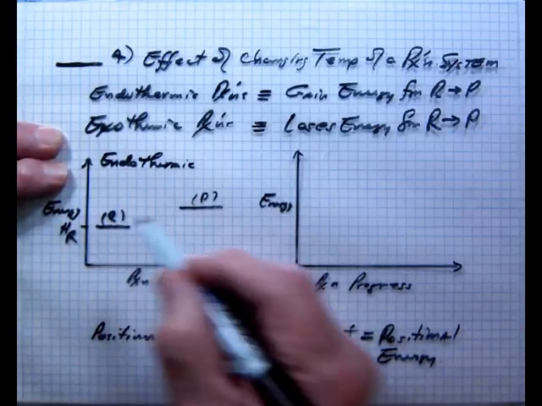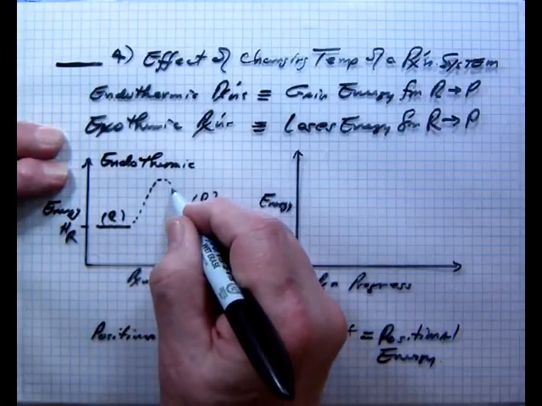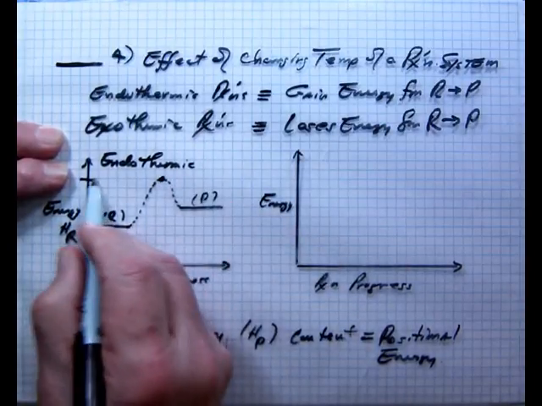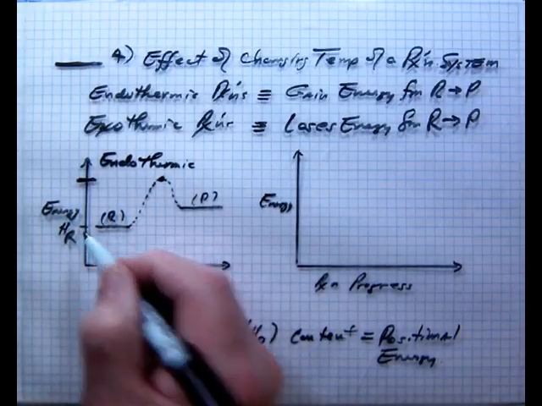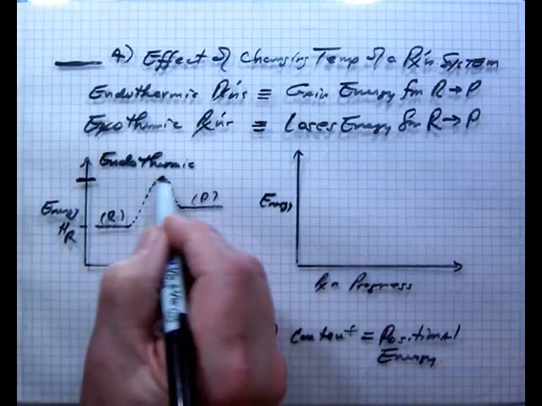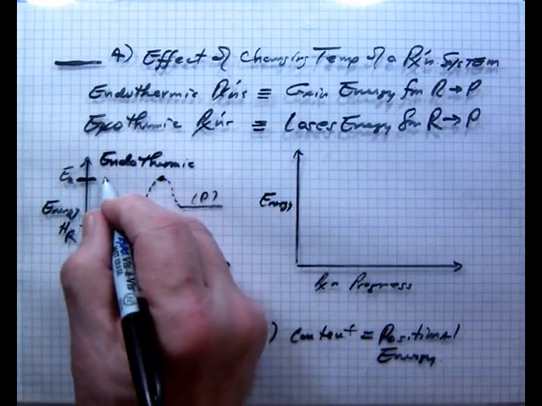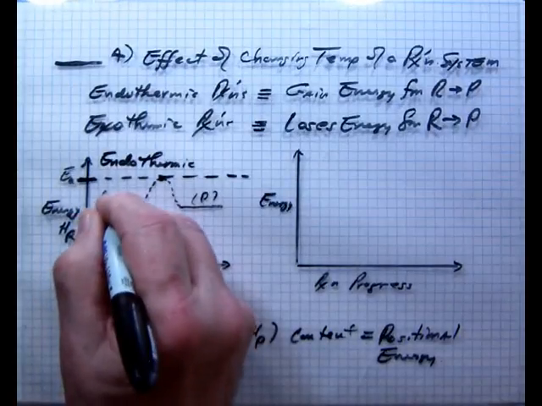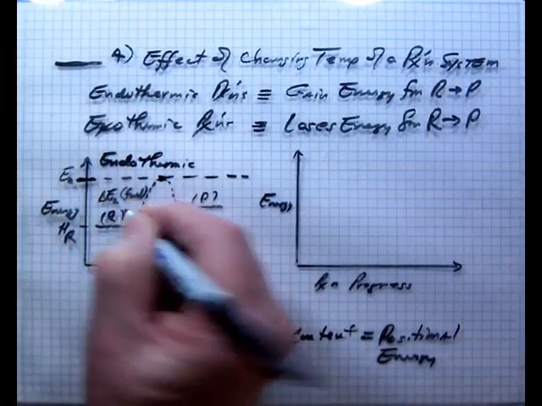In getting from reactants to products, it will have to go through the transition point right here. And to this point, from the positional energy of the reactants to the activation energy point is the change, is the delta EA for the forward reaction.